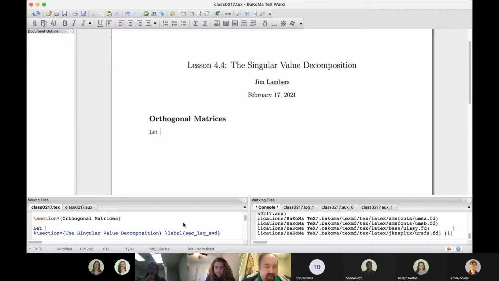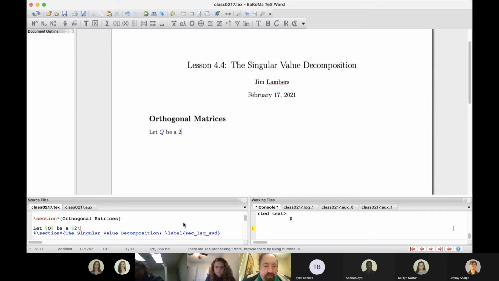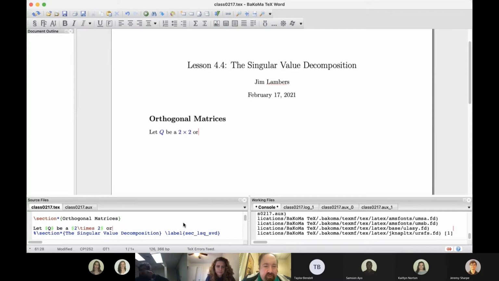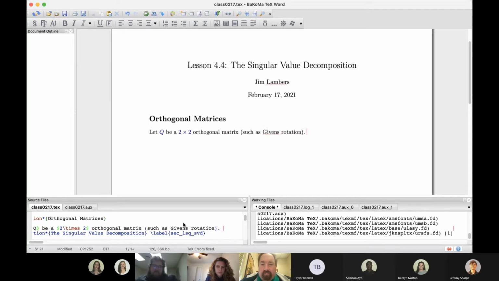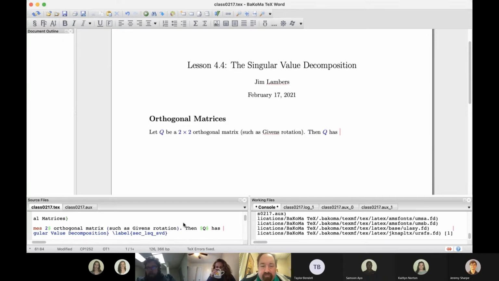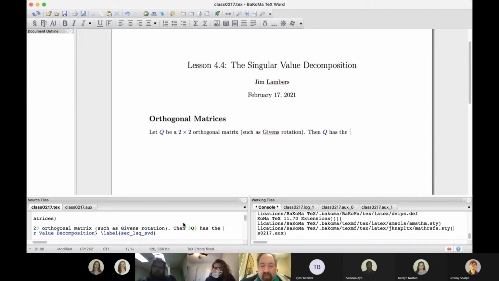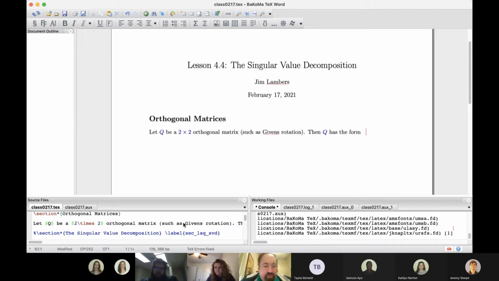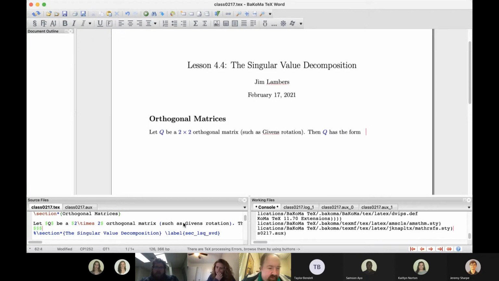Let's suppose that Q is a 2x2 orthogonal matrix. An example of that would be a Givens rotation. Then Q has one of two possible forms.